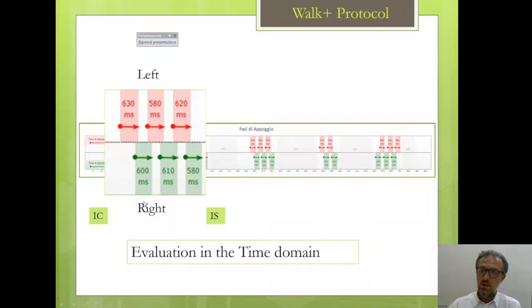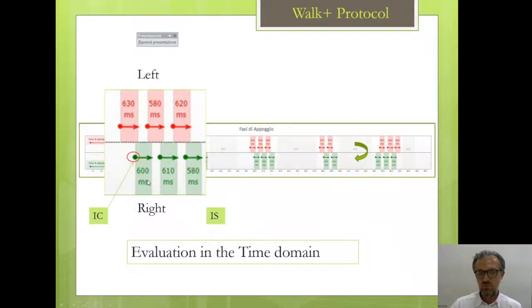time. We can have a precise assessment of when and how much and how fast, as we'll be able to see in a few minutes, the patient is able to turn and to come back in the same direction where he was coming from.